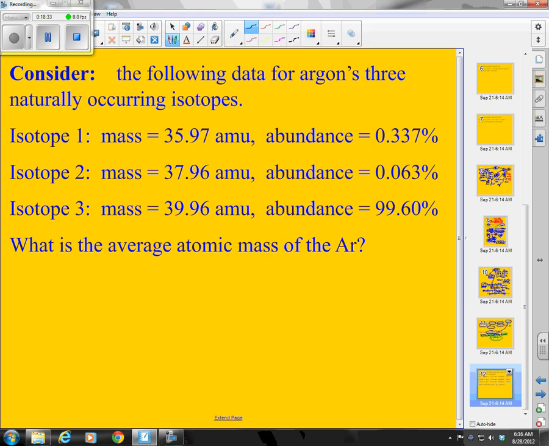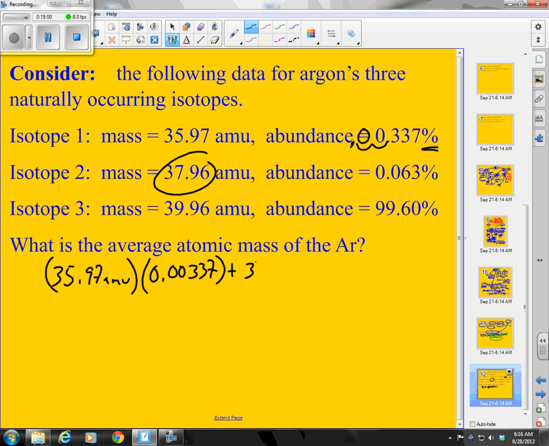I'm going to say mass 1, 35.97 AMU times abundance 1 as a decimal. So I have to move my decimal point 2 places to the left. So I have 0.00337 plus mass 2, 37.96 AMU times abundance 2.